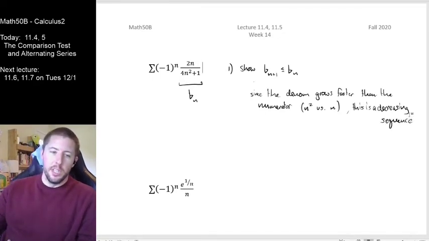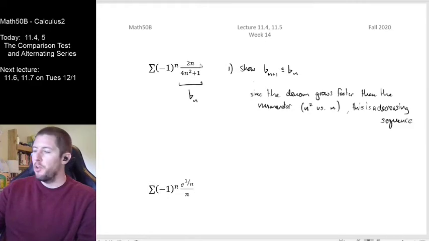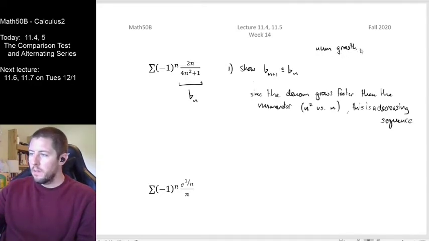Right. We'll do a little bit more of a formal one on this one. I think that we can all kind of visually see that the denominator will be growing faster than the numerator. And in fact, I might even go so far as to say the numerator growth rate and the denominator growth rate.